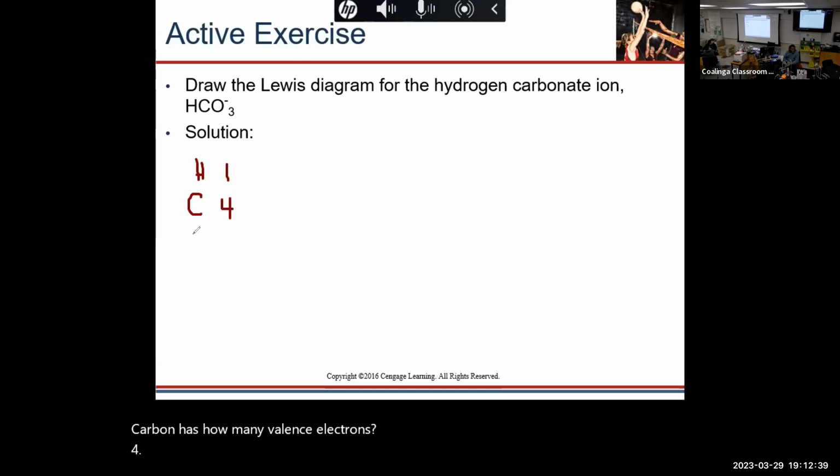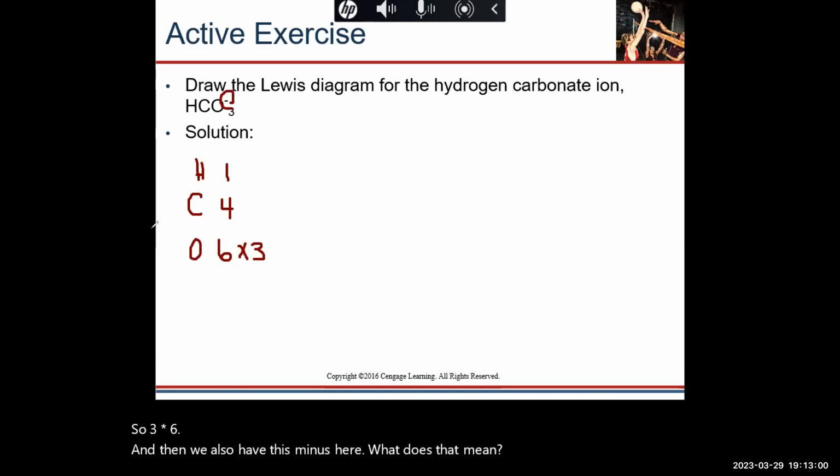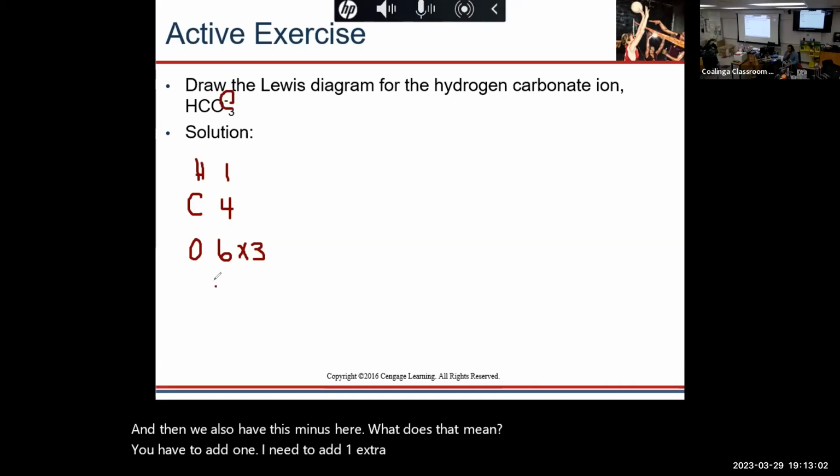Oxygen has how many valence electrons? 6. So we have 3 oxygens, so 3 times 6. And then we also have this minus here. What does that mean? You have to add one. I need to add 1 extra electron. That's right.